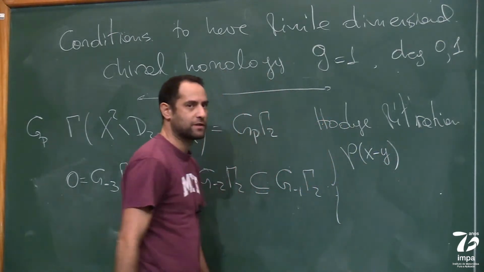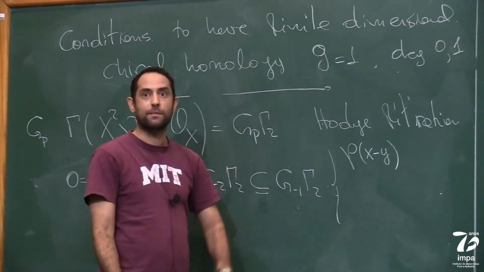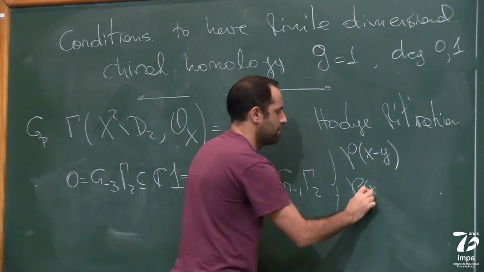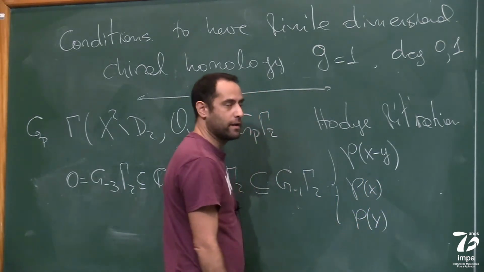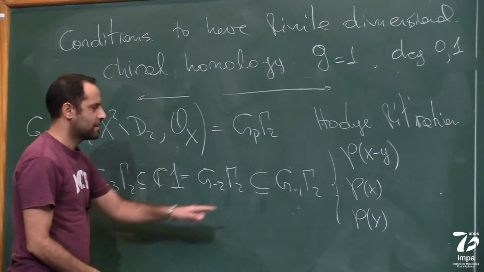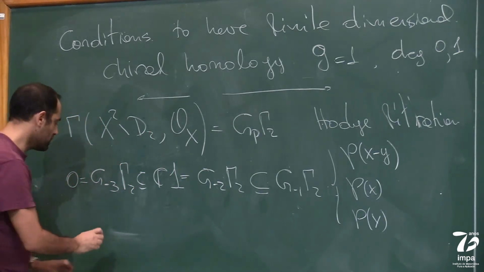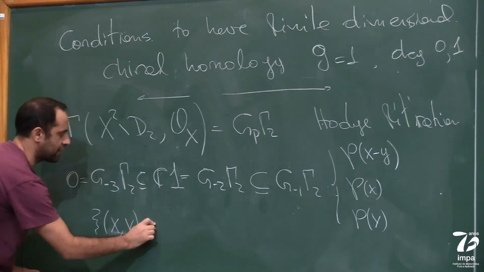The Weierstrass function, these are functions on two coordinates, x and y. This guy has a pole only at x equal to y. You could have, for example, p of x, or p of y. But here, there's something new. On x squared, there's something new. The zeta function actually contributes. So let me define this function.